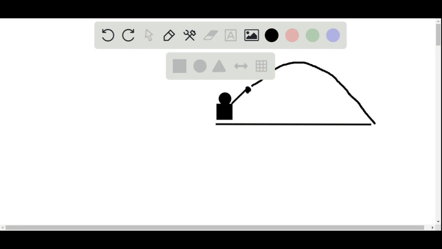Here we have some of our givens: a height of about 2.1 meters, an angle of about 34 degrees, and an initial velocity of about 14.4 meters per second.